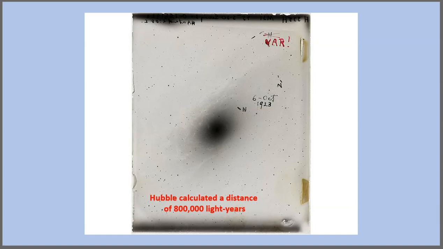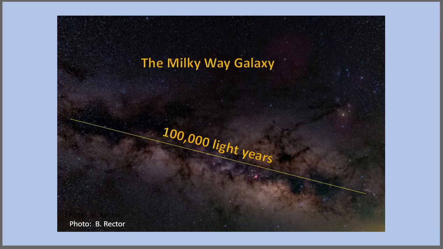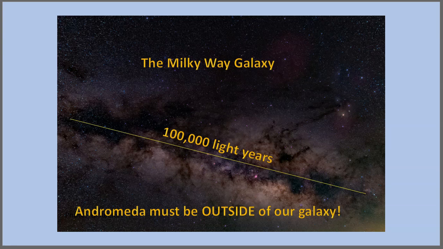Now that was a groundbreaking discovery because the Milky Way galaxy itself is around 100,000 light years across. So if the Milky Way is only 100,000 light years across the diameter of the disk, well, that must mean that Andromeda was outside of our galaxy.